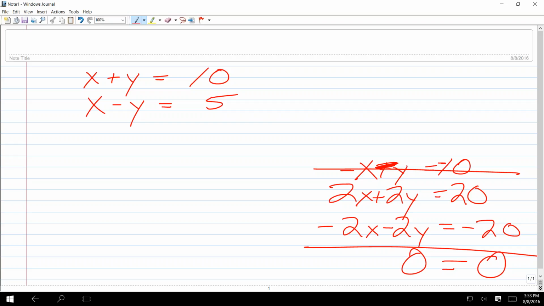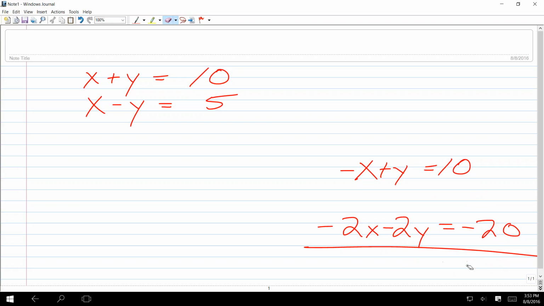The reason I got that is because the second equation is not any different than the first equation. It's the same thing. When I say that x plus y equals 10, and then I tell you that minus 2x minus 2y equals minus 20, that's not a separate equation.